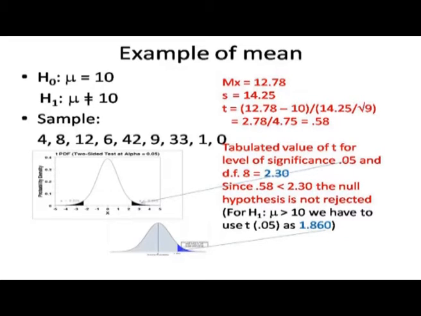These are 9 values. So, square root of 9. You get t value of 0.58. Now, tabulated value of t for level of significance of 0.05 and degrees of freedom 8 is 2.30.